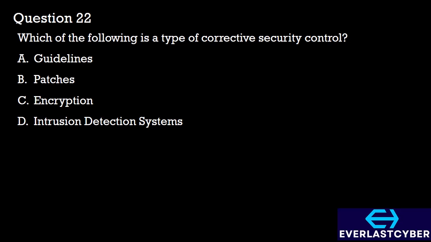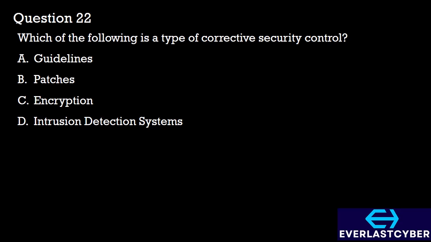Corrective controls are taken to fix or remedy issues identified in the system with the use of patches. Encryption is a preventive control that is used to protect data by making it unreadable without the appropriate decryption key. Intrusion detection systems are detective controls that are designed to identify and alert on potential security breaches. However, they do not correct the issues directly.